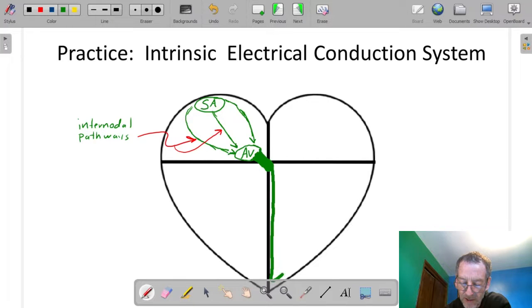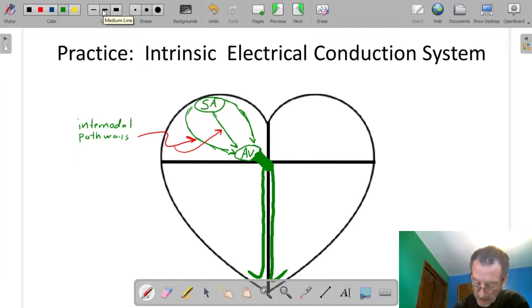We'll go to the apex, and we'll do one on the right side of the heart as well. These are the right and left bundle branches. So let's put in our bundle of His. It's capital H, it's pronounced His.